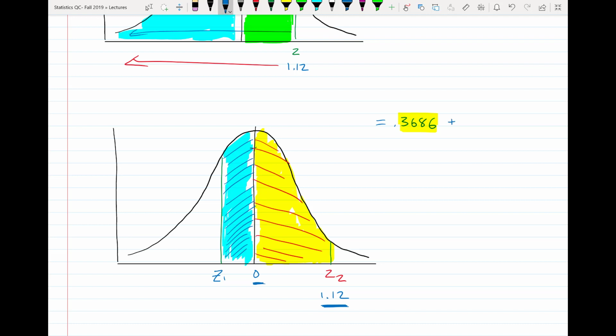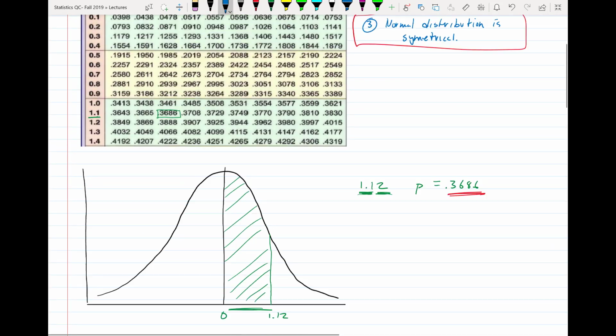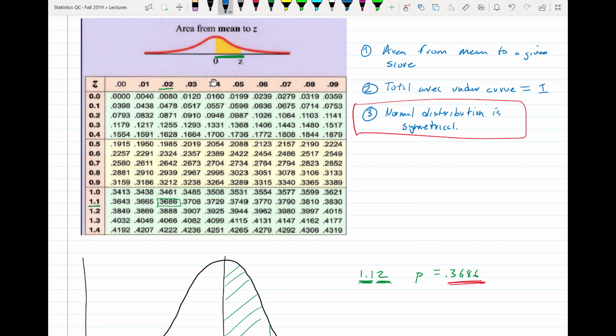Plus, let's try another z-score. How about if we use a z-score of 0.25. We'll just use 0.25 for the heck of it. So let's look up the probability for this area in here. 0.25, we're going to check in our table, is 0.2 and 5, and they intersect, I believe, right there.